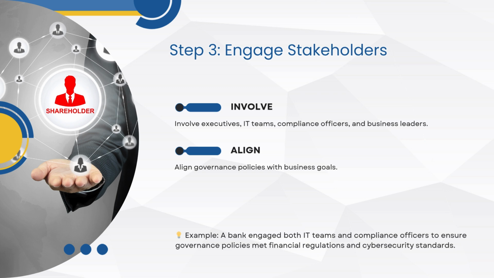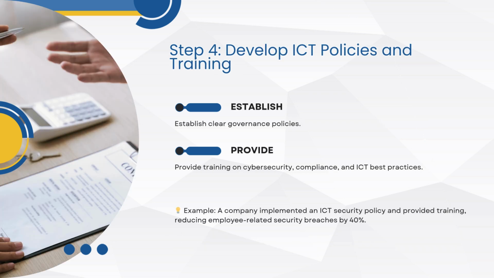Now, let's talk about developing policies and training programs, which is step number four. Governance frameworks are useless if employees don't understand them. That is why organizations must develop clear ICT policies and training programs.